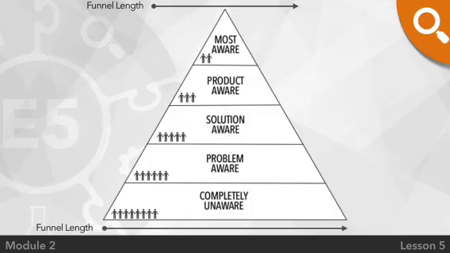The more aware they are, the higher up on the pyramid you go, the shorter your funnel will be. The lower in terms of awareness you go, the lower on the pyramid you go, the longer your funnel will be. So it's important for you to recognize that while you've got the biggest opportunity with the completely unaware segment of prospects, right?